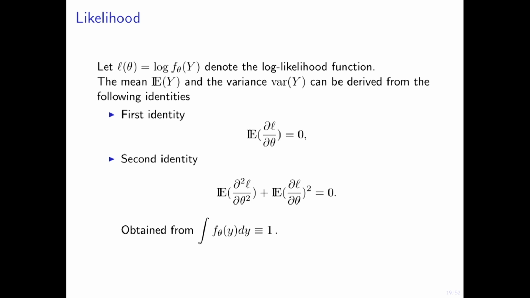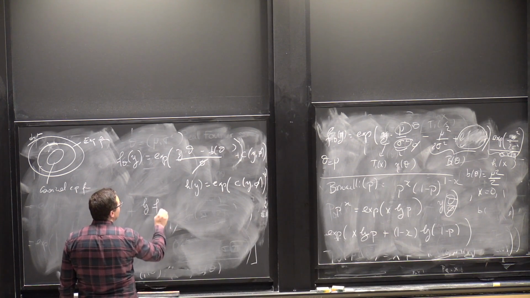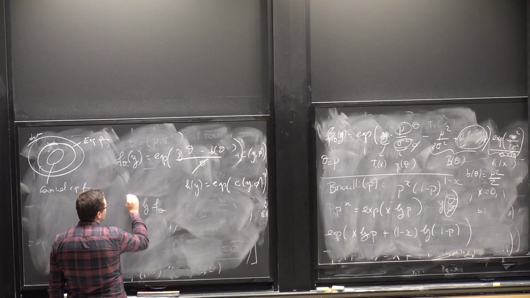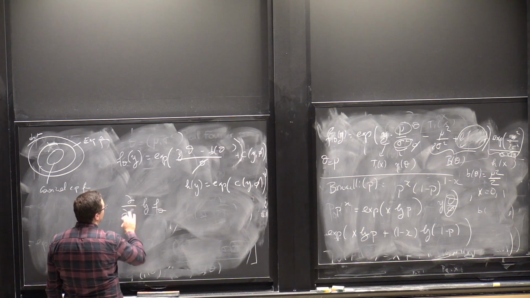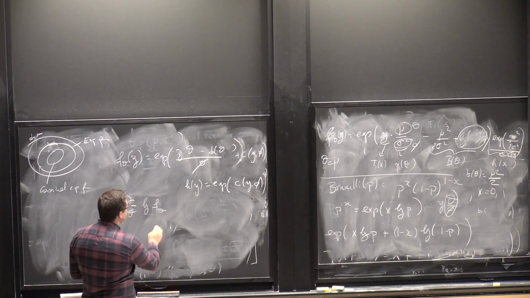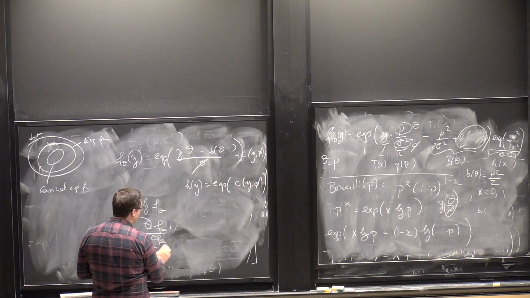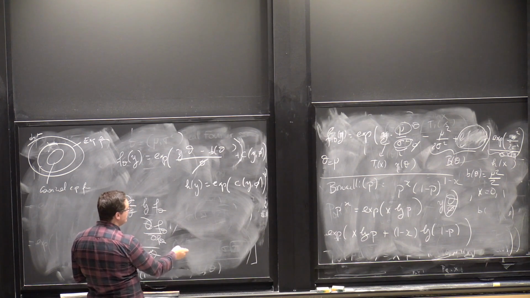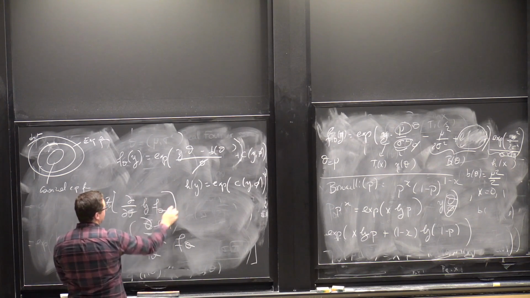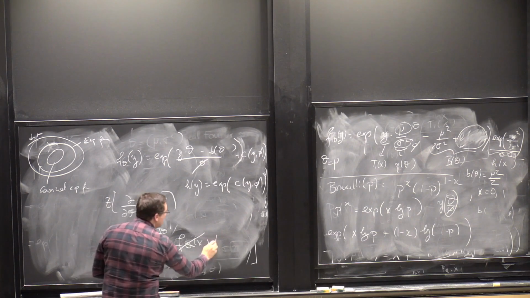And it was just, we used the fact that something that looked like this, right? The log likelihood is log of f theta. And when I take the derivative of this guy with respect to theta, then I have something that looks like the derivative divided by f theta. And if I start taking the integral against f theta of this thing, so the expectation of this thing, those things would cancel.